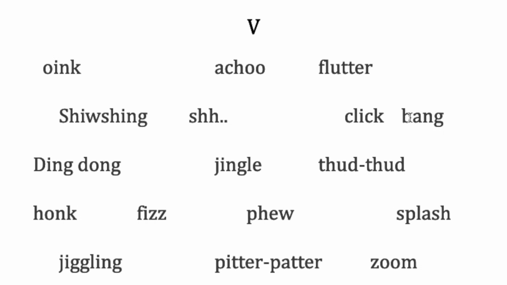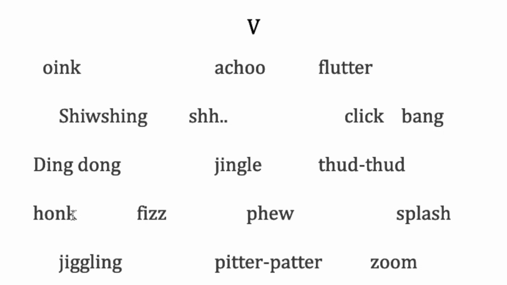Bang, banging of the door: he banged the door in my face. Ding dong, the doorbell. Jingle, from a very famous Christmas song: jingle bells, jingle all the way. Remember? What kind of noise do bells make? Jingle, jingling of bells. So that is onomatopoeia.